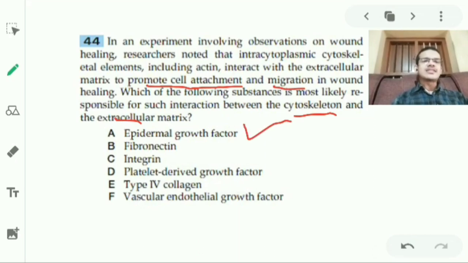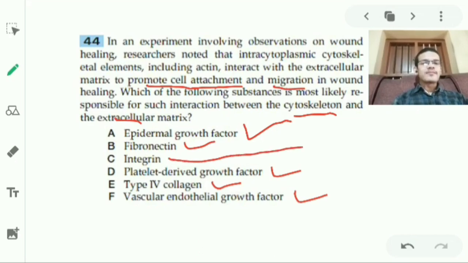Epidermal growth factor is a chemical which helps in increasing the regeneration of epithelium. Fibronectin is a connective tissue material like collagen. Now you have type 4 collagen. Again, it is a connective tissue, fibrous tissue material. Vascular endothelial growth factor helps in angiogenesis. Platelet derived growth factor, integrin.